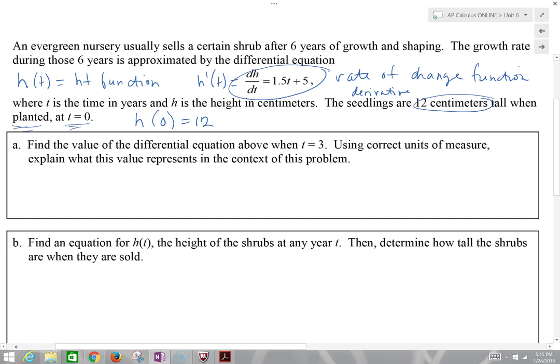Part A, find the value of the differential equation above, that's dH/dt, the rate of change, which is the derivative, when t equals 3. Using correct units of measure, explain what this value represents in the context of this problem.